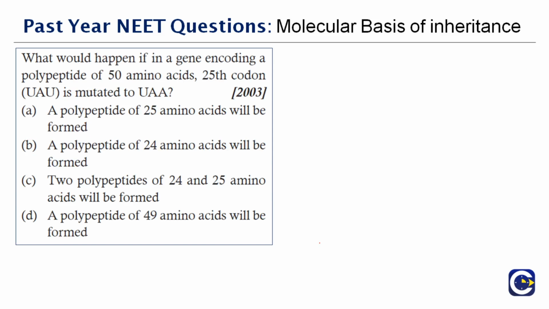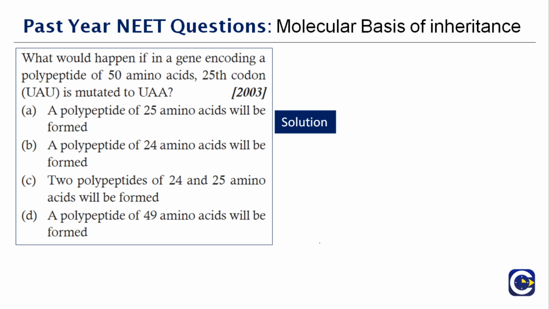Next question. What would happen if a gene encoding a polypeptide of 50 amino acids, 25th codon UAU, is mutated to UAA? Mutation is defined as a sudden change. UAA is actually a stop codon, while AUG is a start or initiation codon.